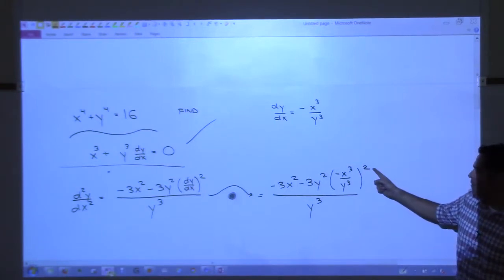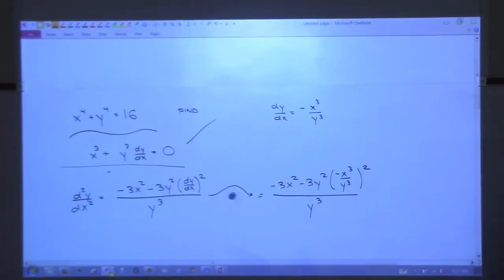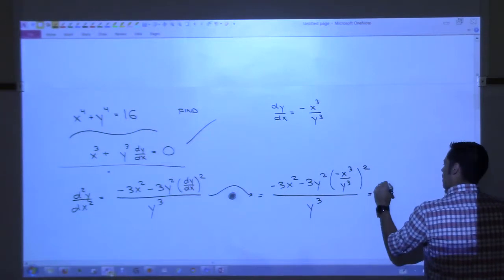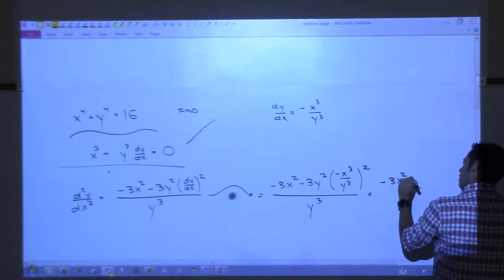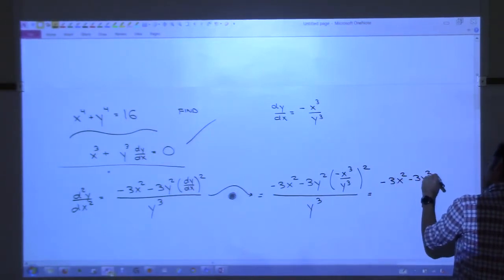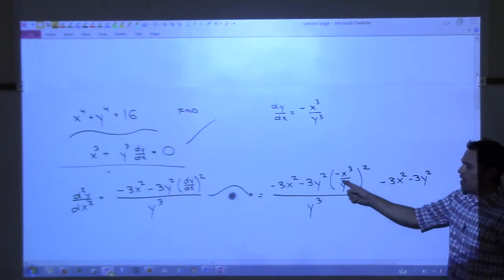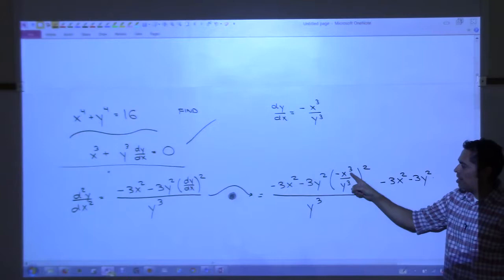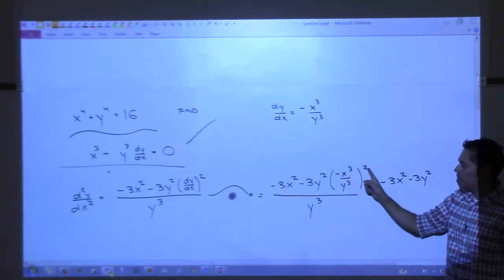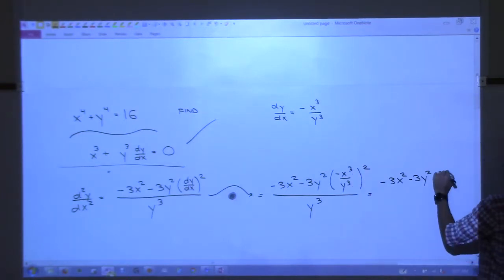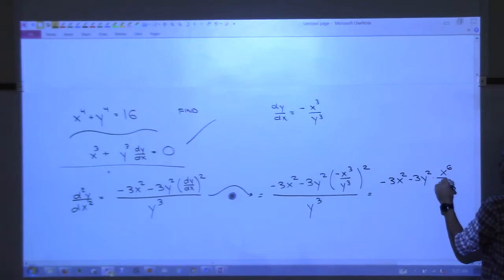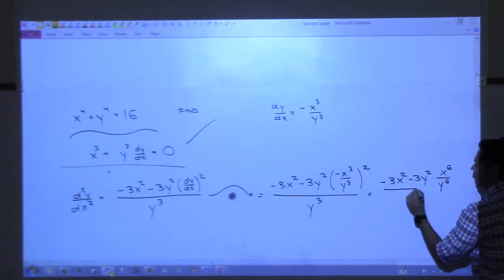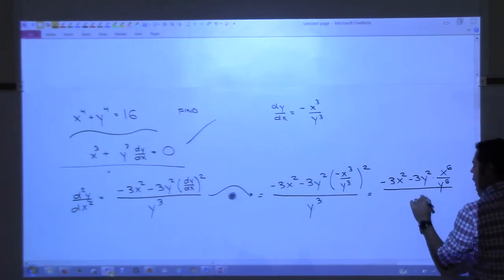Squared. Now let's actually square that. Negative 3x squared minus 3y squared. Now when I square this, the negative won't matter anymore, will it? And what happens when you take x cubed and you square it? x to the 6th over y to the 6th again, all over y to the 3rd.